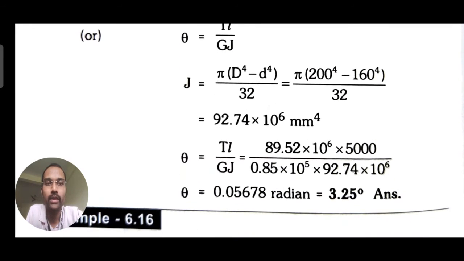Substituting all the values of T, L, G and J, the value you get in this terminology will be in terms of radians. The value obtained here is 0.0568 radians. So to convert from radians to degrees, what we can do, we focused on this in the last class.